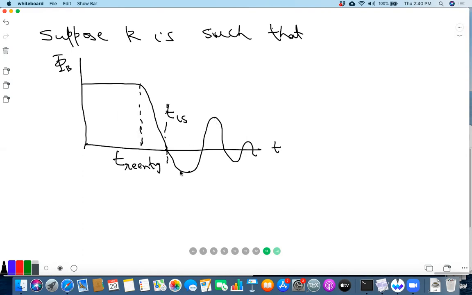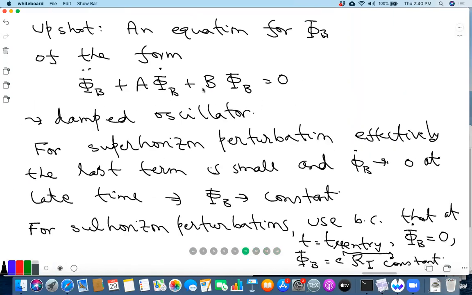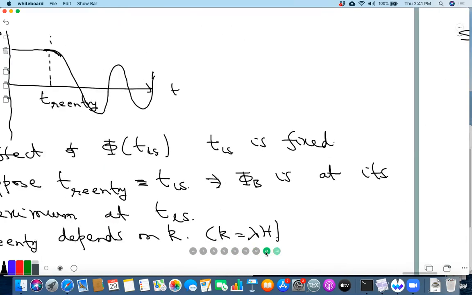Because of this oscillation of phi b, which you can easily work out from this formula, once you determine A and B by going through it carefully, you can determine the oscillation of phi b. It of course depends on K, and the re-entry time also depends on K, where you put the boundary condition.